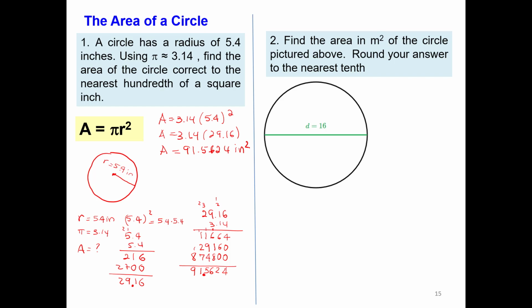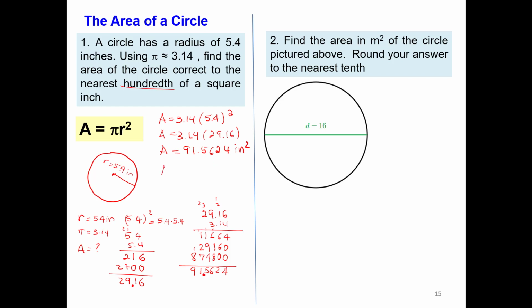Now we need to correct this answer to the nearest hundredth. Yes, this is the hundredths position. And now we need to check the testing digit. Yes, the testing digit is 2. It's less than 5, which means we don't need to change this number.